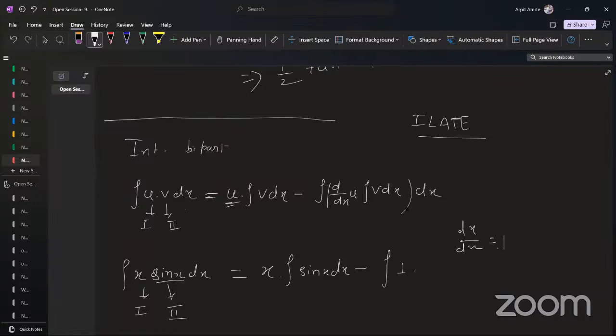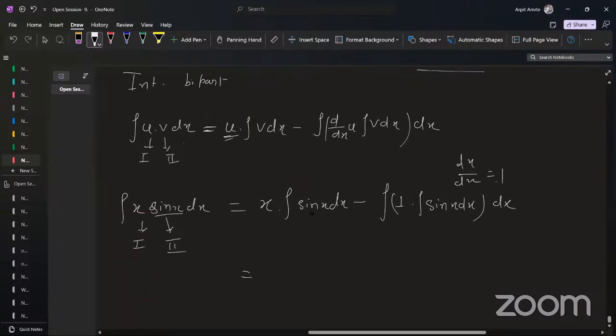Then into the integration of the second function, sin x dx, and then the whole integration. What is the integration of sin x? Minus cos x. So it will be x into minus cos x, minus the integration of 1 times minus cos x dx.